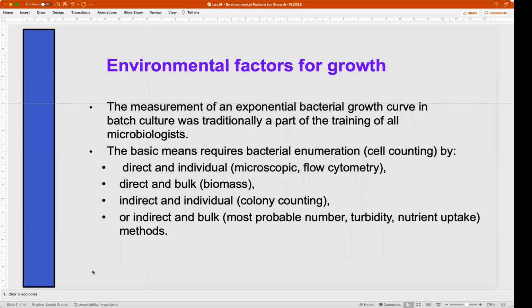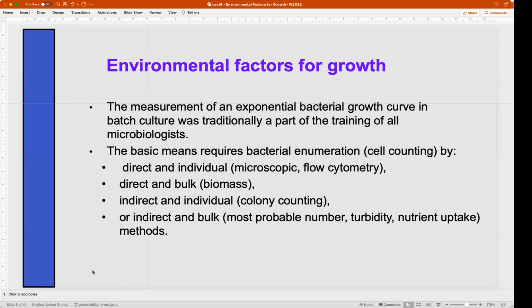So the measurement of the exponential bacterial growth curve is a training for what people usually do when they go into a research lab. The prof will say, okay, make me a growth curve of this bacteria, and give a person, say, Escherichia coli, Yersinia pestis, or whatever the bacteria is. And the person has to watch the growth over a day or a week or a month, depending on the microbe.